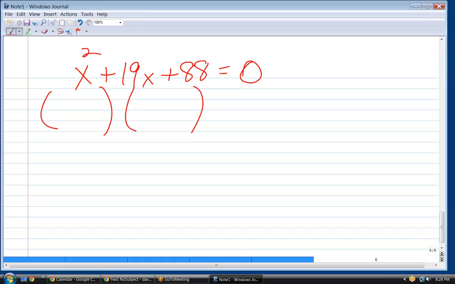Does 19 even go in 88? I don't know. That's not the way I do it. I look for factors of 88. Let's use my method for figuring out the factors of 88.